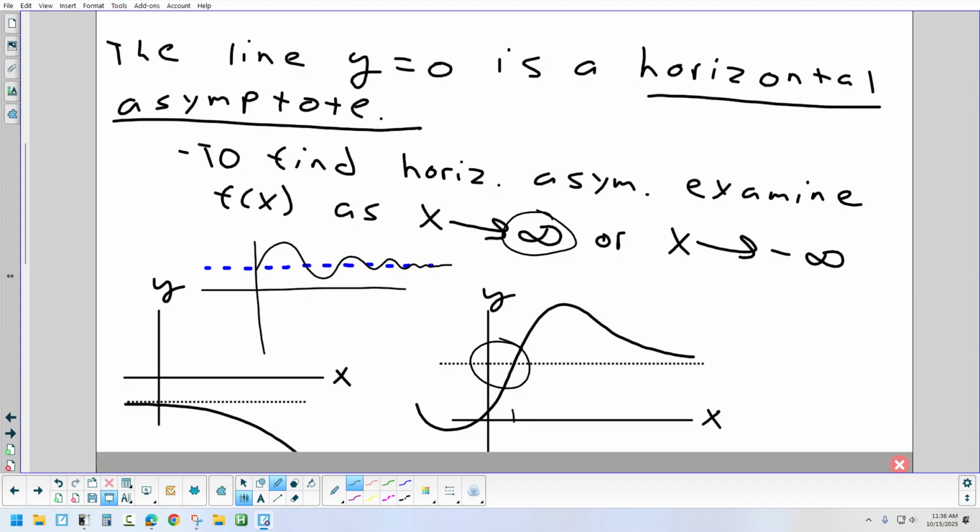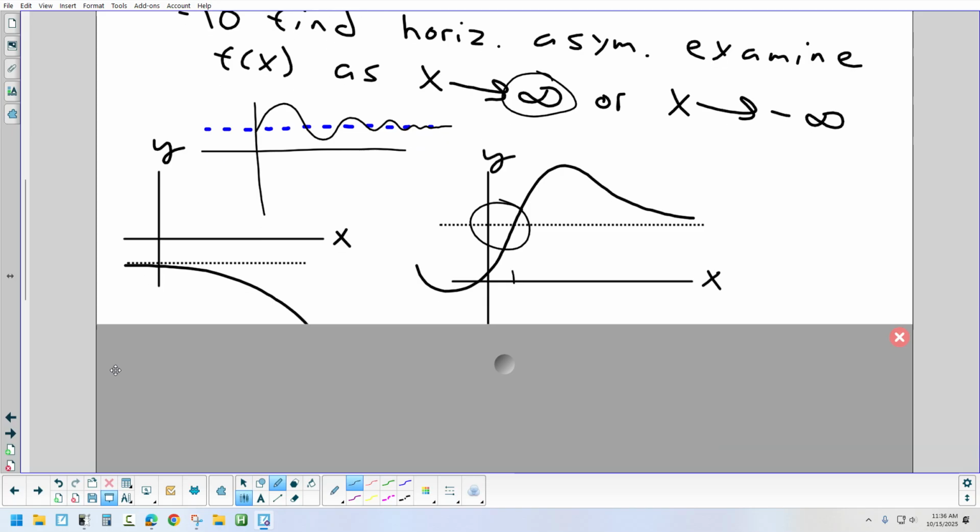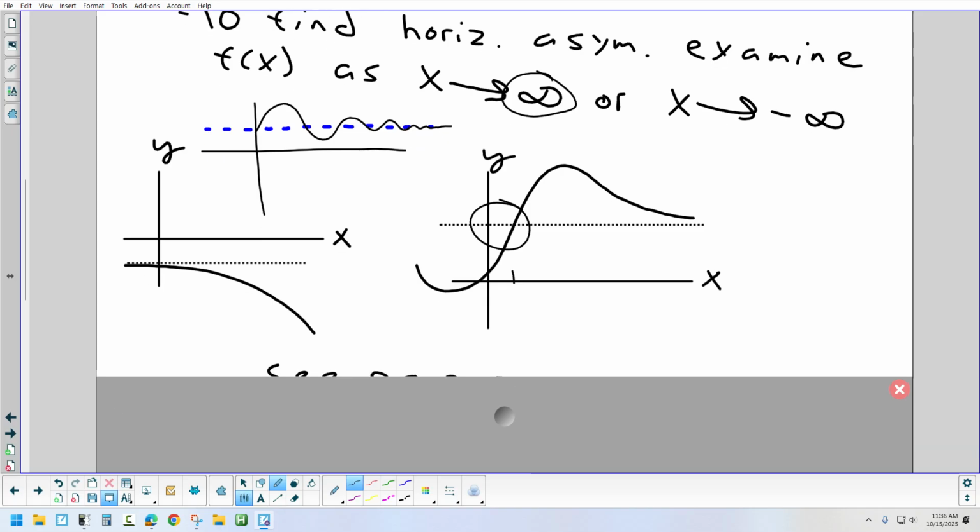But as I continue to travel to the right, I am getting closer and closer to a value, I just never stay at that value. But I am getting closer to it. So this is still an asymptote. The one in the lower left is an example of an asymptote where you actually do never cross it. You just get closer and closer. But the other two you do cross.